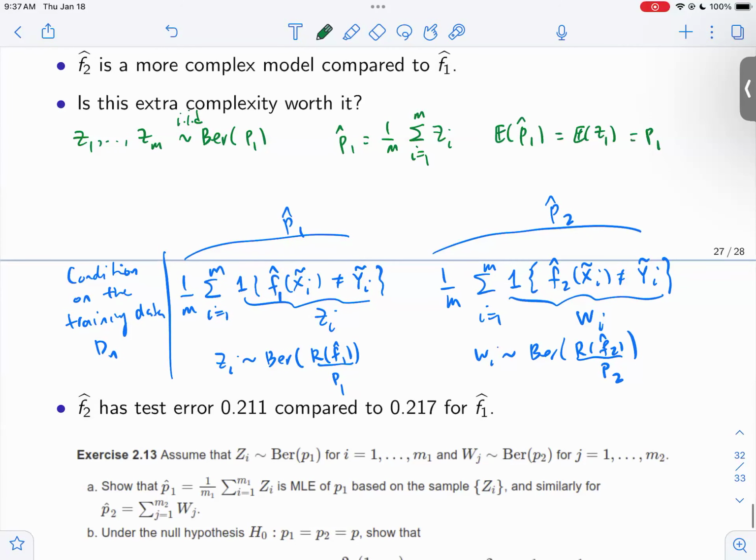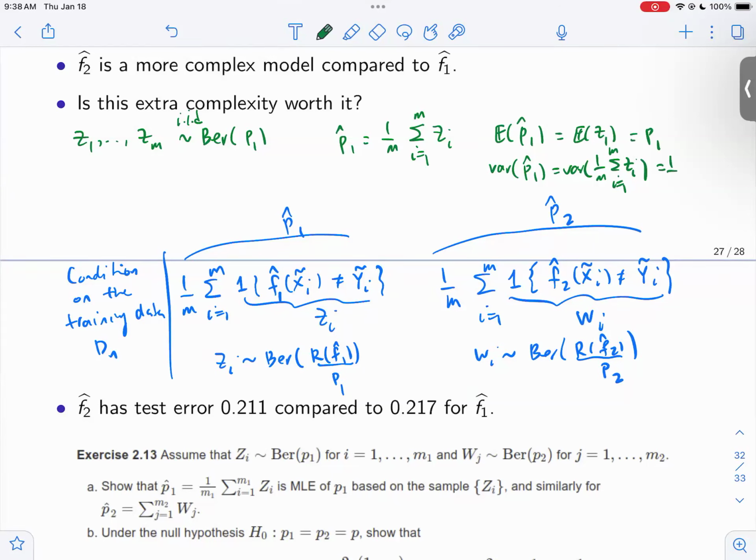So what is the variance of this estimator? Anyone know? Like I said, they're IID. So what is the variance of the sample mean? This is really not machine learning, it's just statistics.